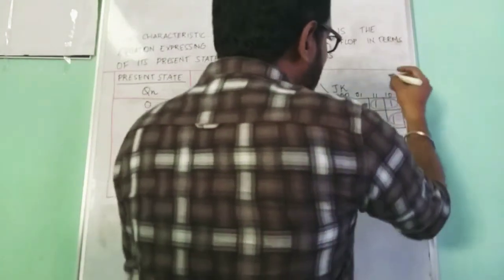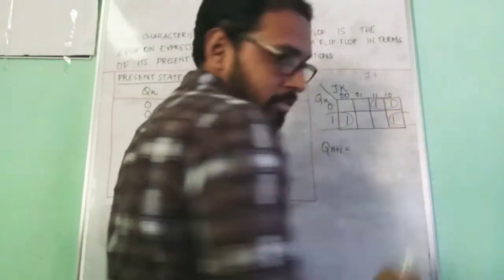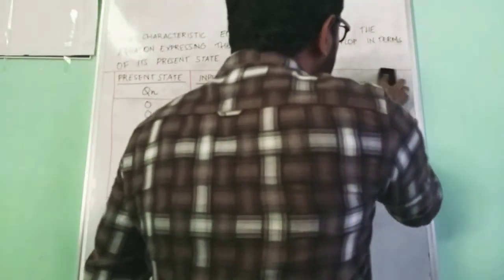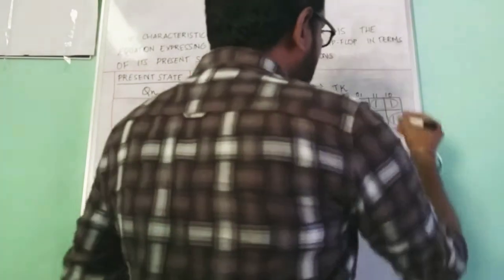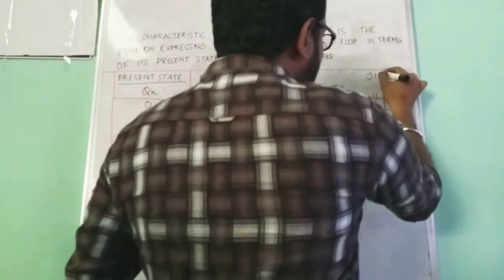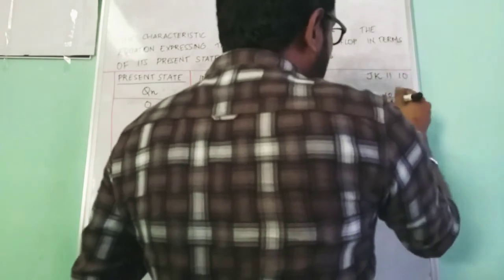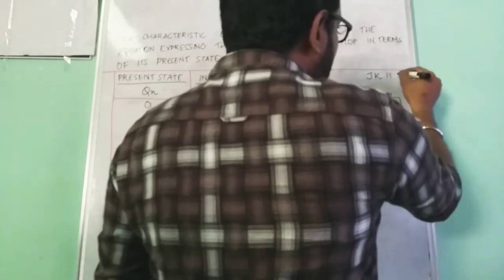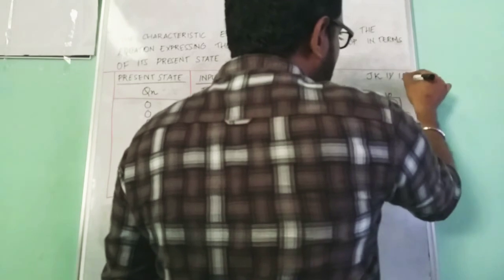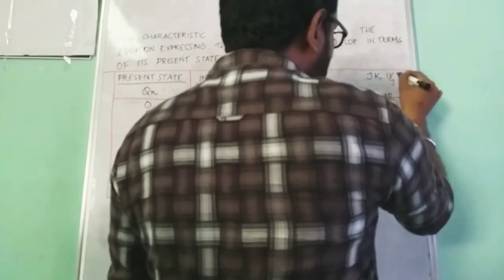Project this upwards. The value of J and K, we have 1 1 and 1 0. Projecting it upwards means, what are the opposite cases? We cancel it.